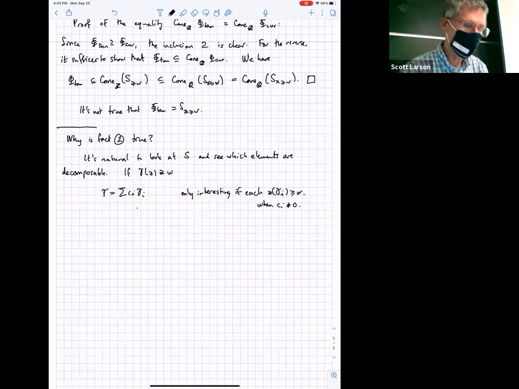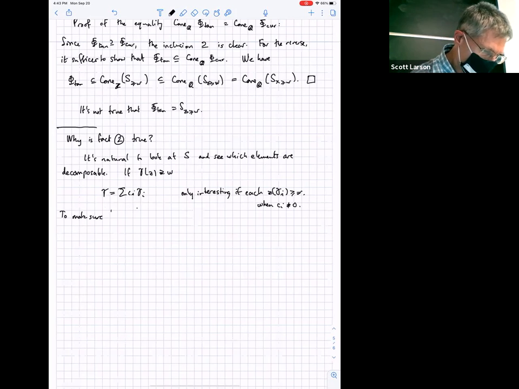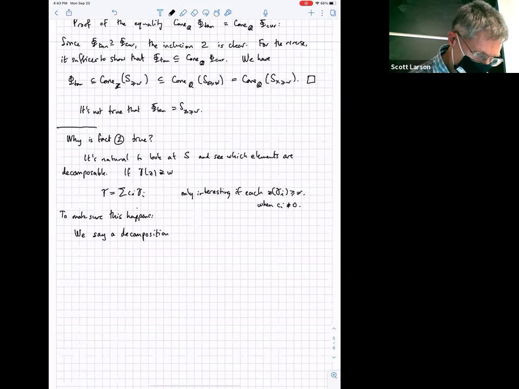Otherwise, if c_i is 0, that's boring. So to make sure this happens, we say a decomposition is increasing.